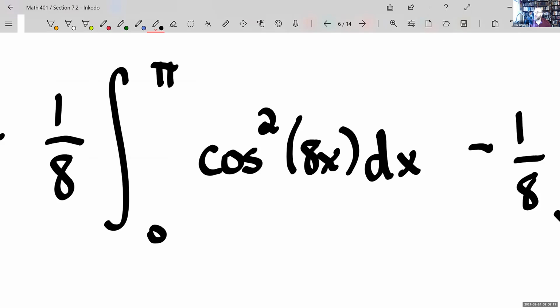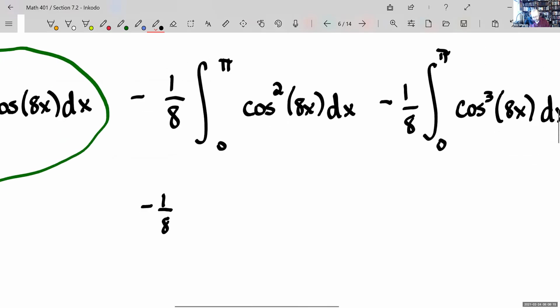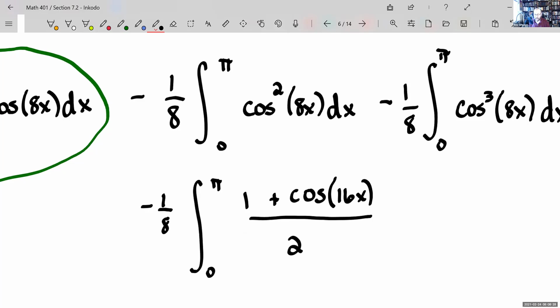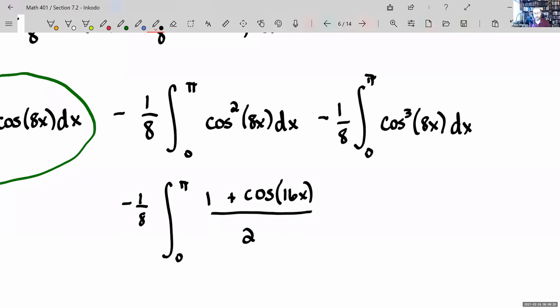But you can use a half angle identity, a power reduction formula. This would be the integral from 0 to pi of 1 plus cosine of 16x over 2.